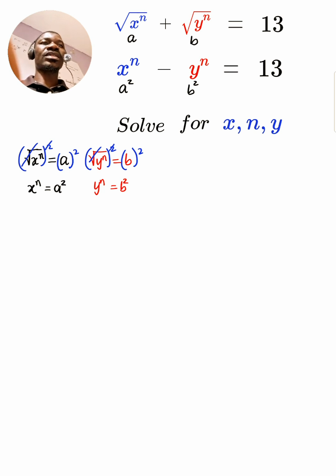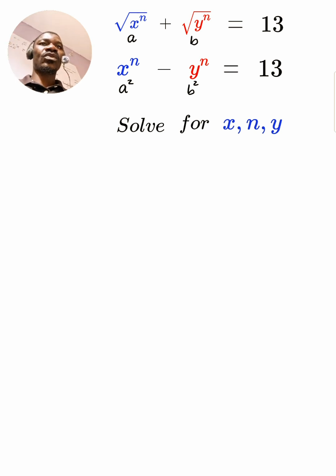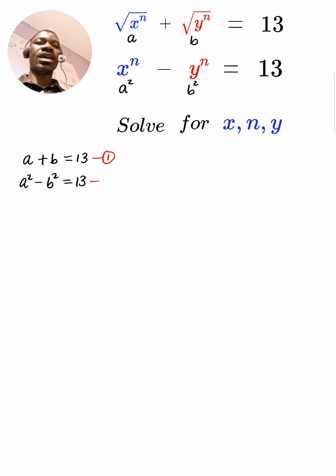So we then have a new equation as a plus b equals 13, and a squared minus b squared equals 13. Let's make this equation 1, and this equation 2.